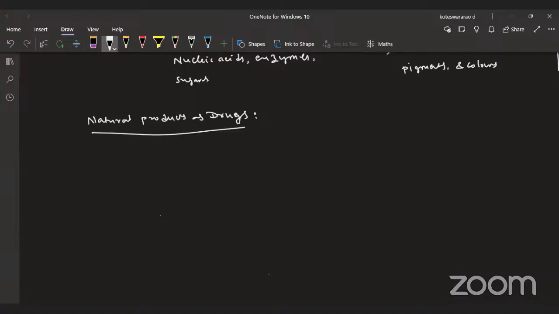Okay. Then, for example, natural drugs. For example, morphine. Nowadays, it is a restricted drug. It is only given for pain management for carcinoma.